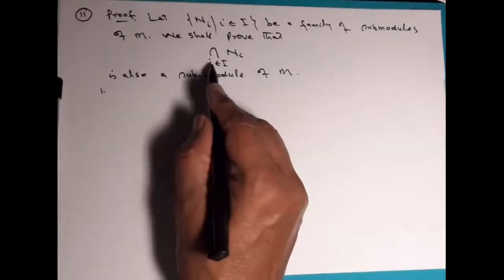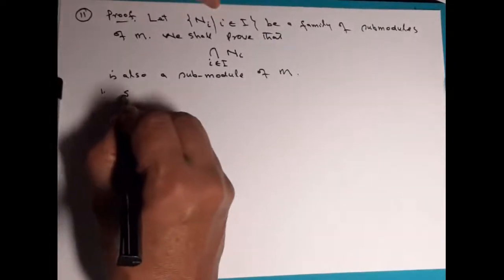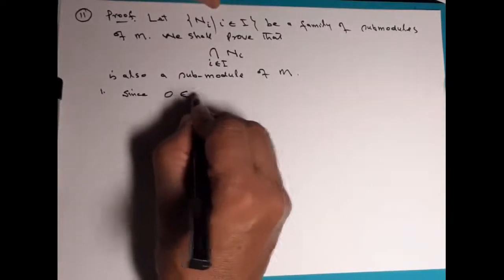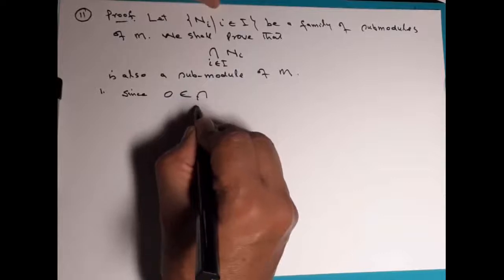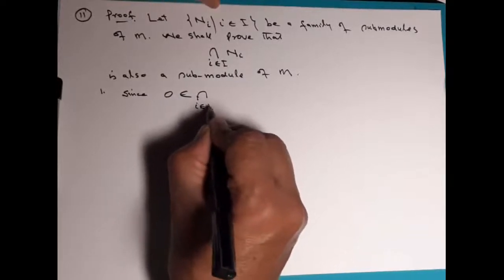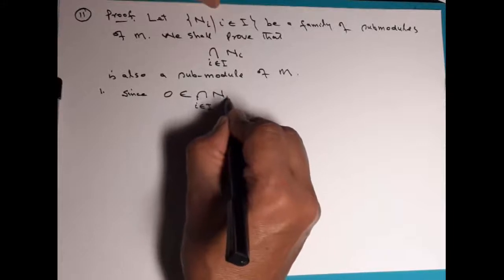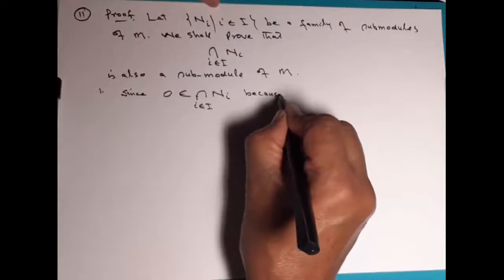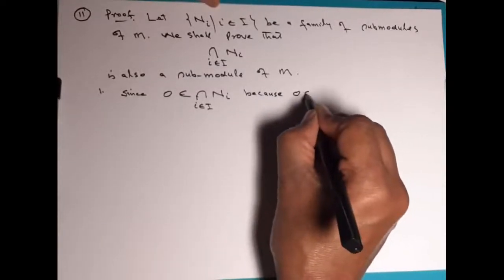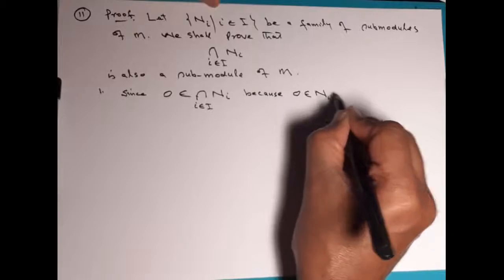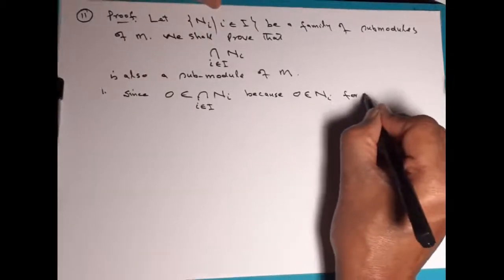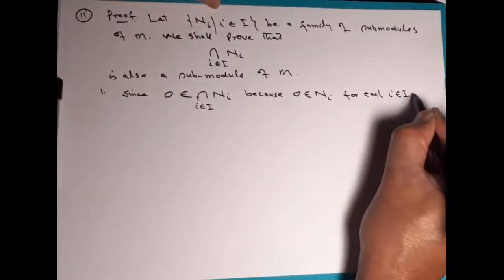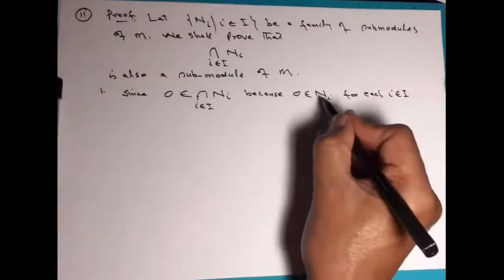This intersection is non-empty since 0 belongs to this intersection, because 0 belongs to N_i for each i belonging to I. Every submodule contains 0.